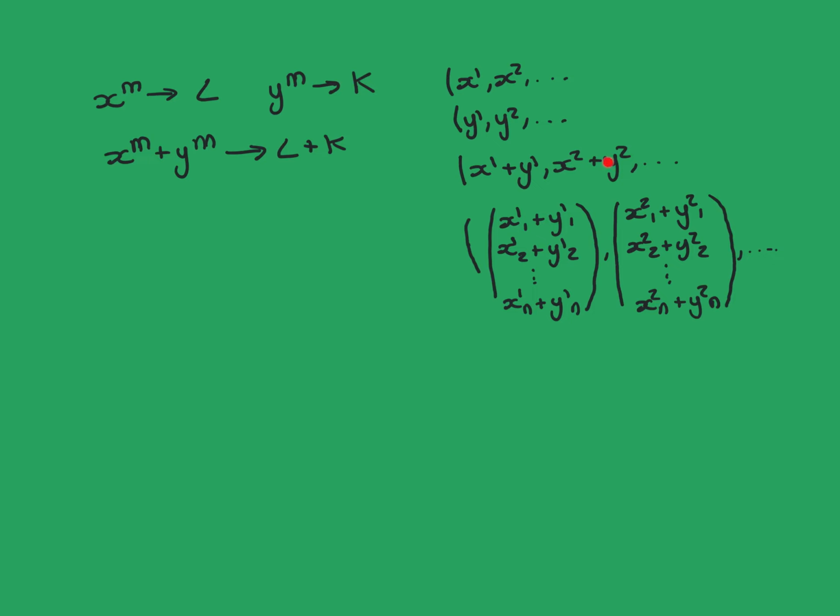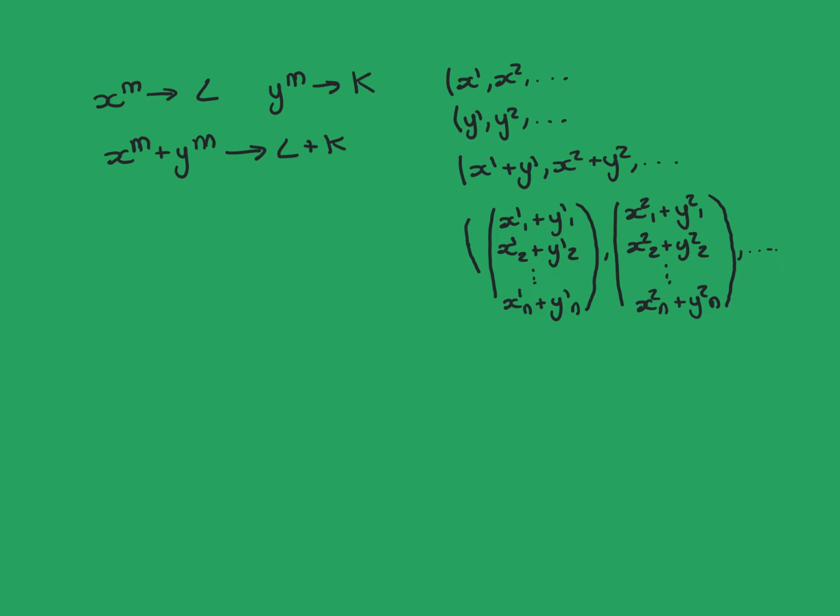The second term has first coordinate x21 plus y21, second coordinate x22 plus y22, and nth coordinate x2n plus y2n. That is the case because of the definition of how you add vectors.